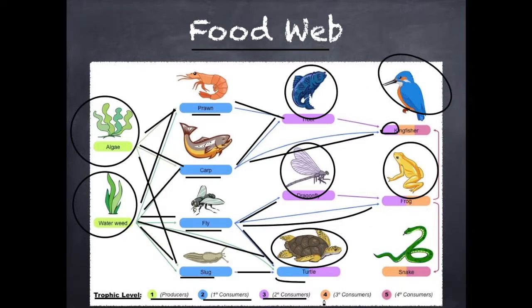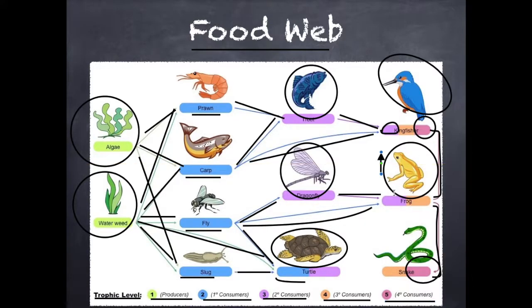The last level on this food web is the 4th level, or the tertiary consumers, which are all the colors in orange. In this we can see that the snake, the frog, and the kingfisher are tertiary consumers. We know this because the frog is eaten by the kingfisher and by the snake, and the frog itself eats the dragonfly and the fly, making it also a tertiary consumer.